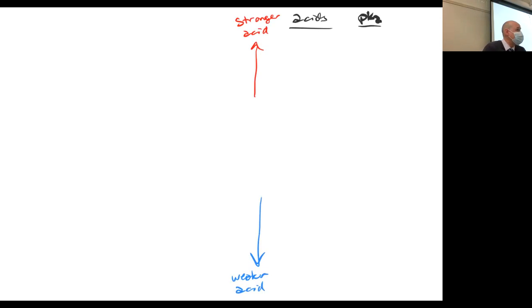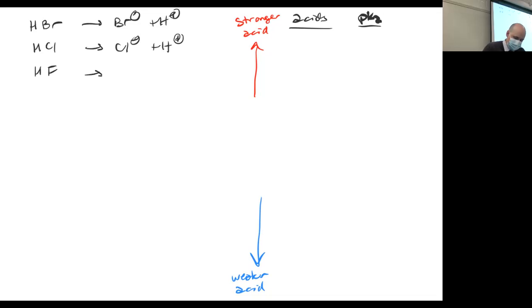All right, so in order, within a column, we could compare HBr to HCl to HF. All of these are within the same column, so we can use the same trend. They're going to turn into Br minus and H plus, Cl minus and H plus, and F minus and H plus.